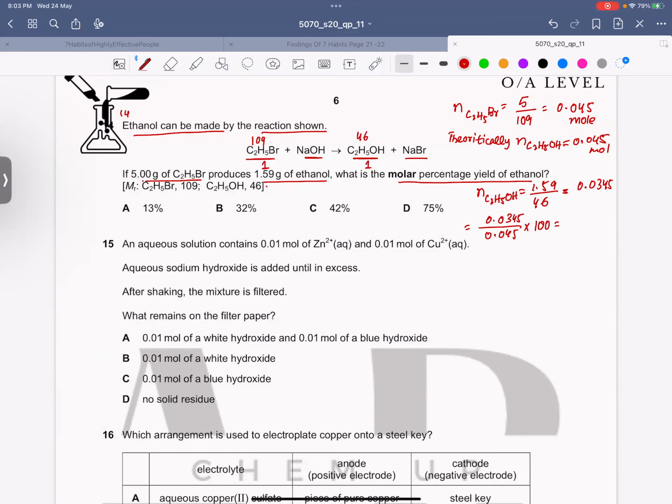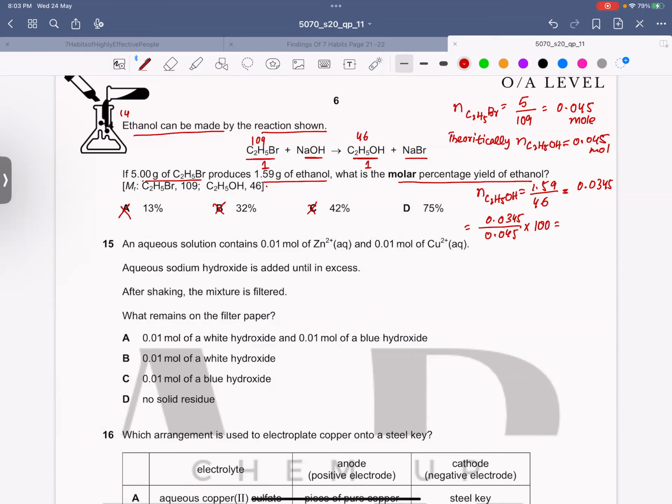So it would be, I think, 75%. Yeah, because the half of the 45 is 22.5. Just calculate, you will get 75%. So you don't have 76.66, you have 75.